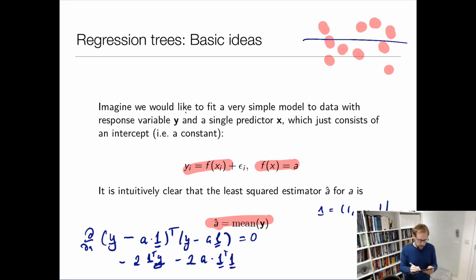If I set this equal to 0 and solve it for a, I will get a is equal to 1 transpose y over 1 transpose 1. If this one has n elements, then 1 transpose 1 is just 1 plus 1 plus 1, n times, so it will just give me n, and 1 transpose times y will just be the sum over y_i. So this is exactly the mean.